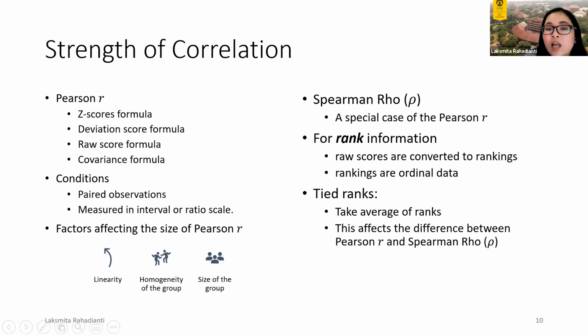And it is an approximation to Pearson R. And the only thing that would make the result different is if you have tied ranks, if you have the same raw scores that come up more than once. So you have the rank 5, for example, you have 3 of them because all of them have the same raw score. And this is what is approximated. And that is where the Spearman Rho will give a different value than Pearson R.